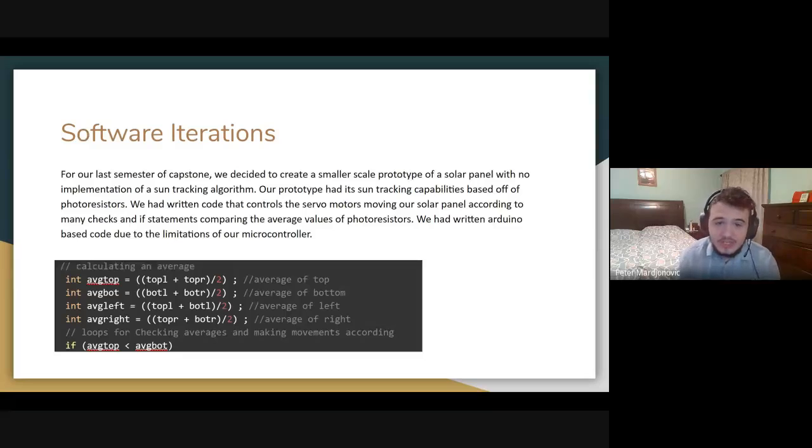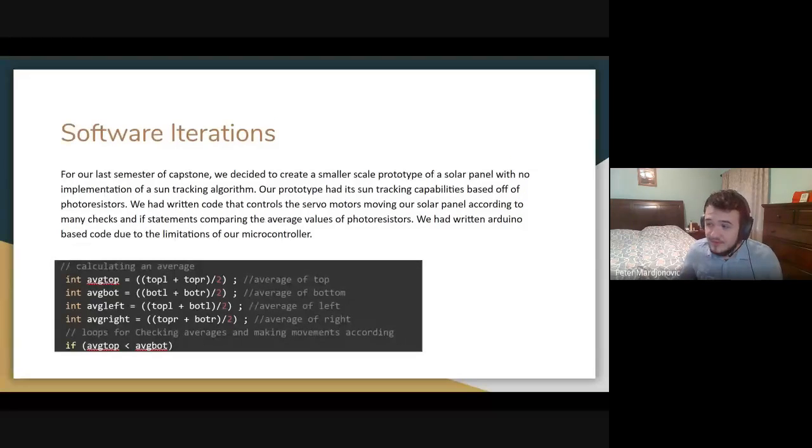For our software iterations, last semester we had a smaller scale prototype of a sun tracking panel. We had a huge change with the software itself, because we were only using a system based off of photoresistor logic. We were taking averages of 4 photoresistors located on each corner of our solar panel, and we had code based off of that and were able to make position adjustments.